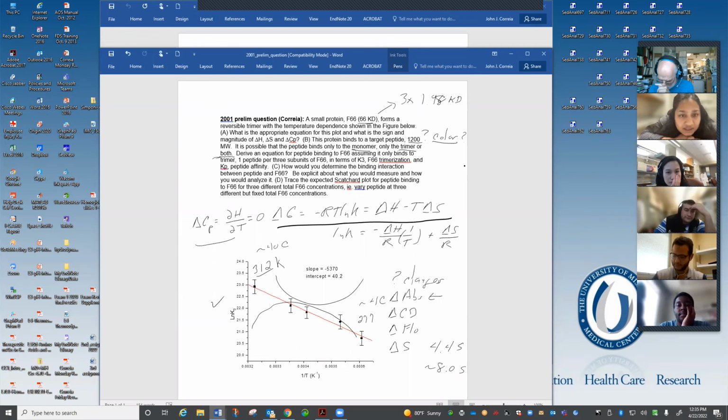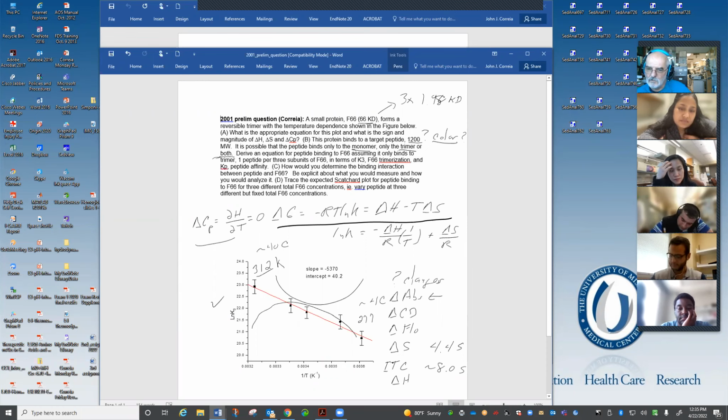In the ITC experiment, which is another potential answer to this kind of question, it measures the enthalpy. And so if you collected data at different temperatures, you would see a change in the enthalpy due to an ITC experiment.